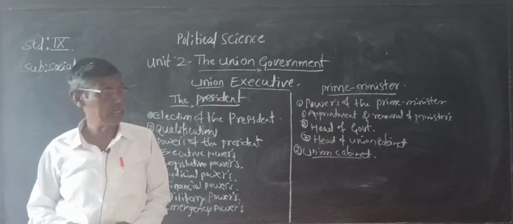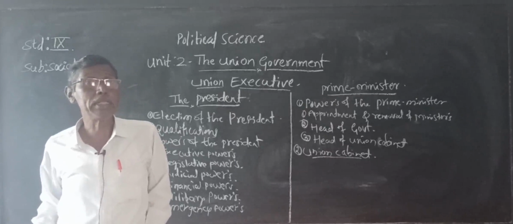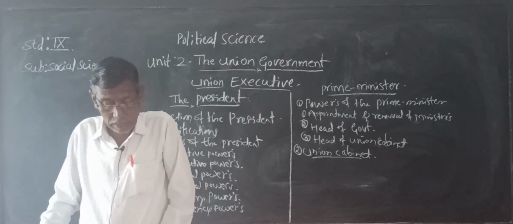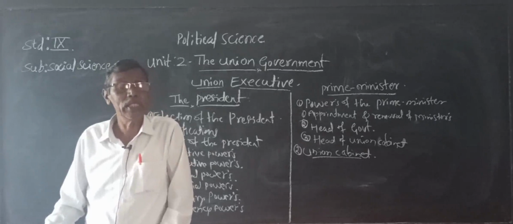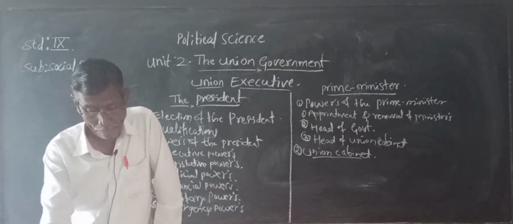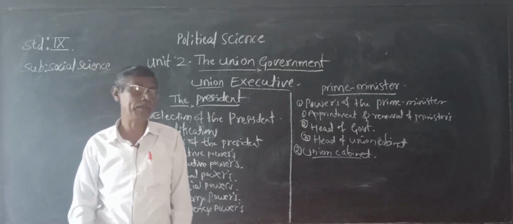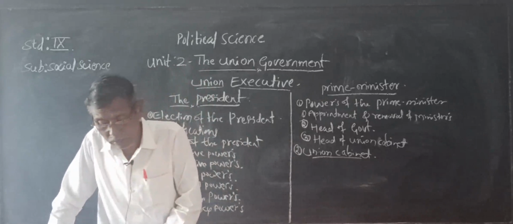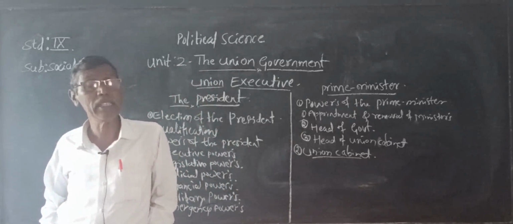Now the qualifications to become a president of India. A person who is to become the president of India should be a citizen of India, and should have completed the age of 35 years. He should be qualified for election as a member of the Lok Sabha, and he should not hold any office of profit under the government.